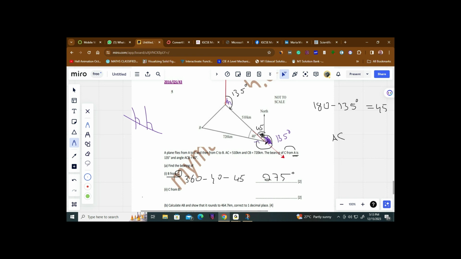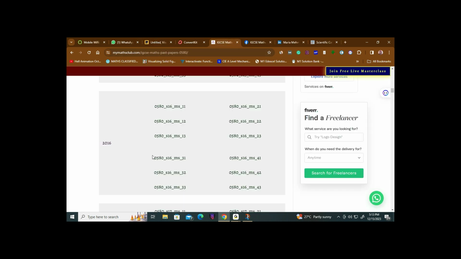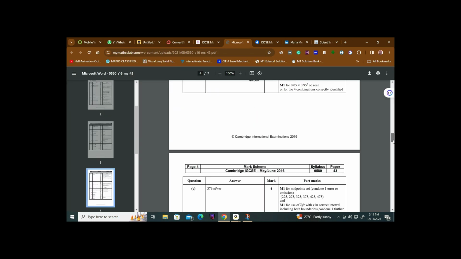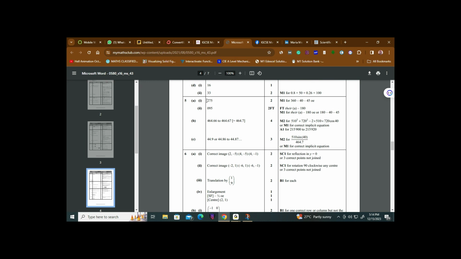So it is 275, and that's correct. Let's check it out. I'm talking about the 2016 paper 4.3. So 2016 paper 4.3, question number 5, part 1. There you go, it's 275. Okay, that's beautiful, that's it.